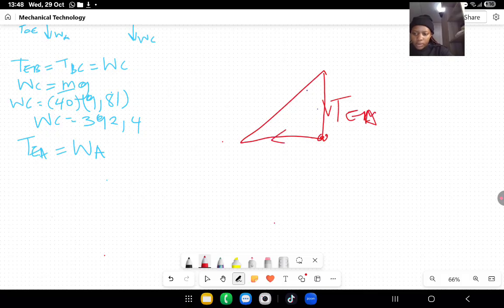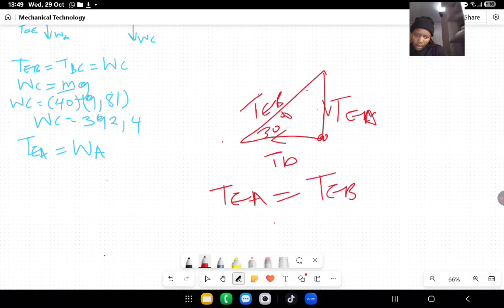Then this side will have tension at D, then tension EB, and this will be our 30 degrees. So tension EA equals tension EB sine of 30 degrees.